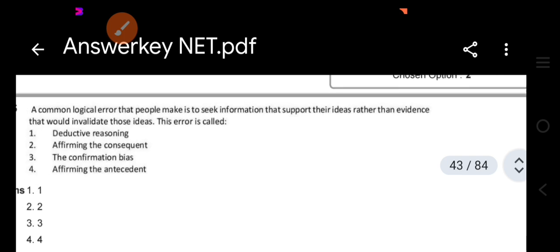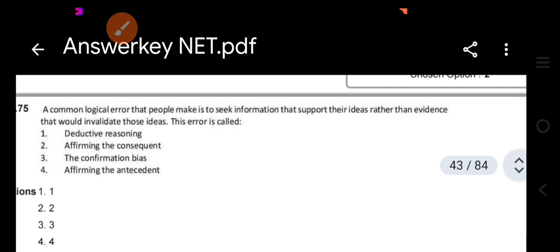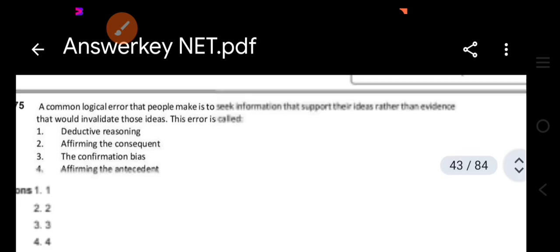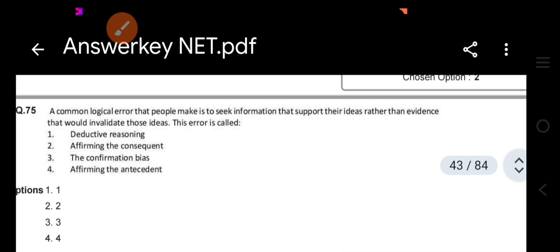Outwardly it looks like deductive reasoning, but deductive reasoning is quite different; we go from general to narrow down the topic. Actually, deductive reasoning is related to hypothesis formation.